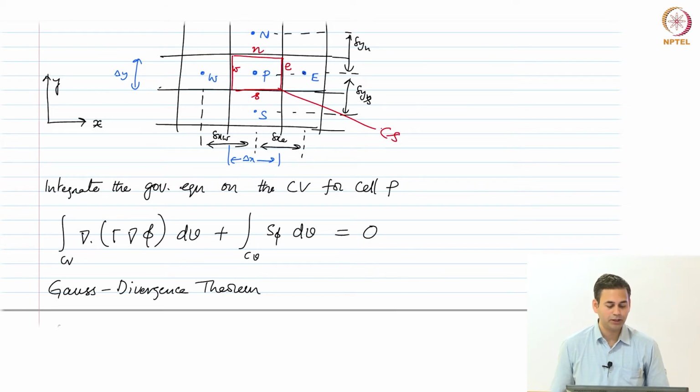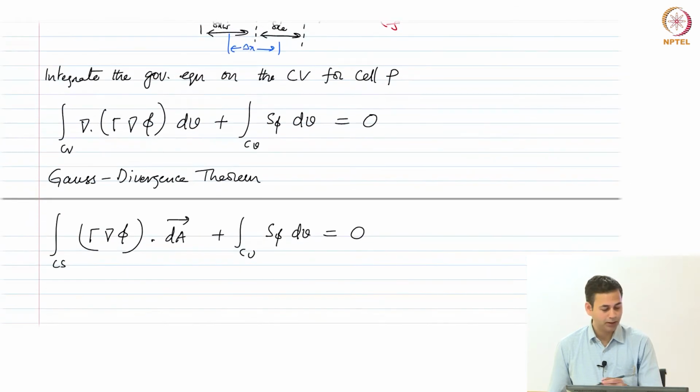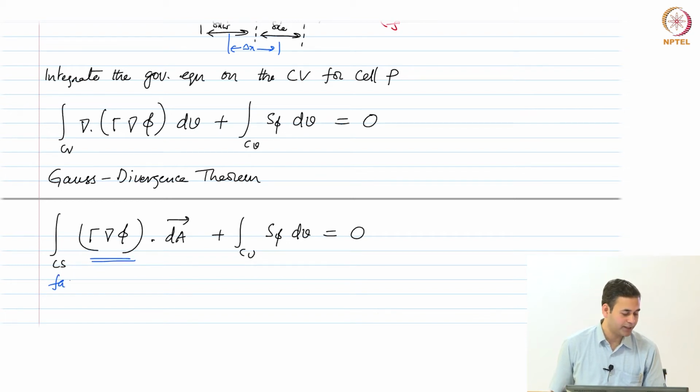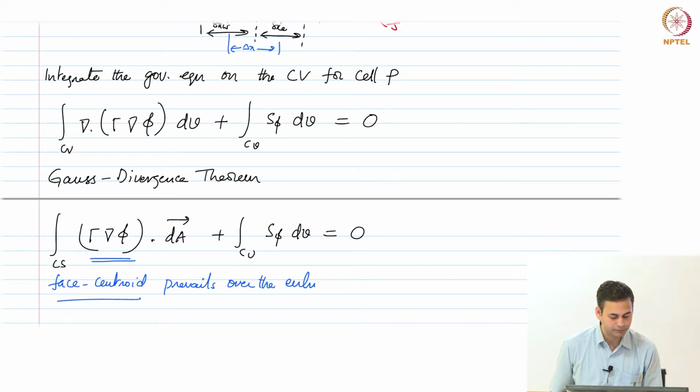We assume that the control surfaces are planar, and that the value of gamma grad phi that we have here, if we evaluate it at the face centroid, prevails over the entire face. If I assume that, then this is a constant for a particular face, and I can integrate it and replace the integration with a summation.